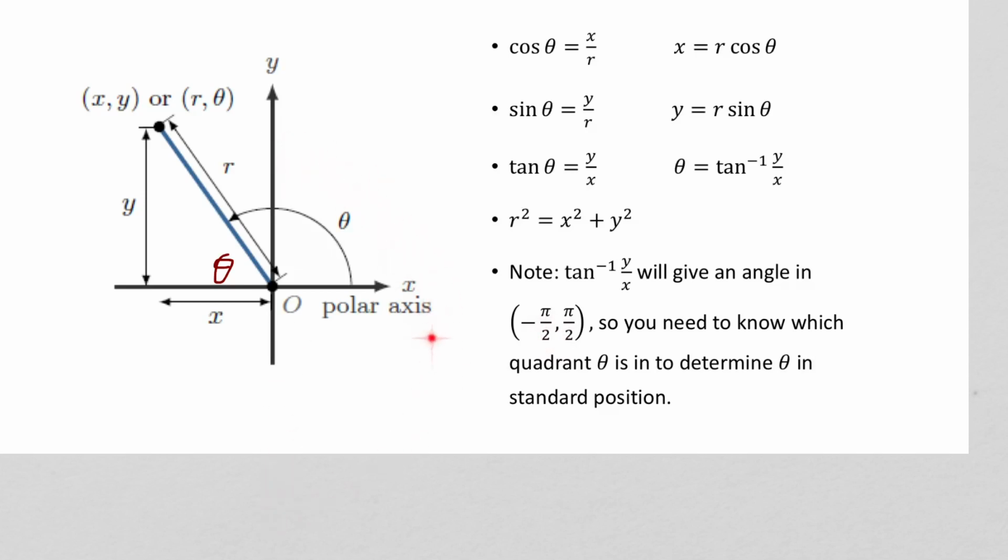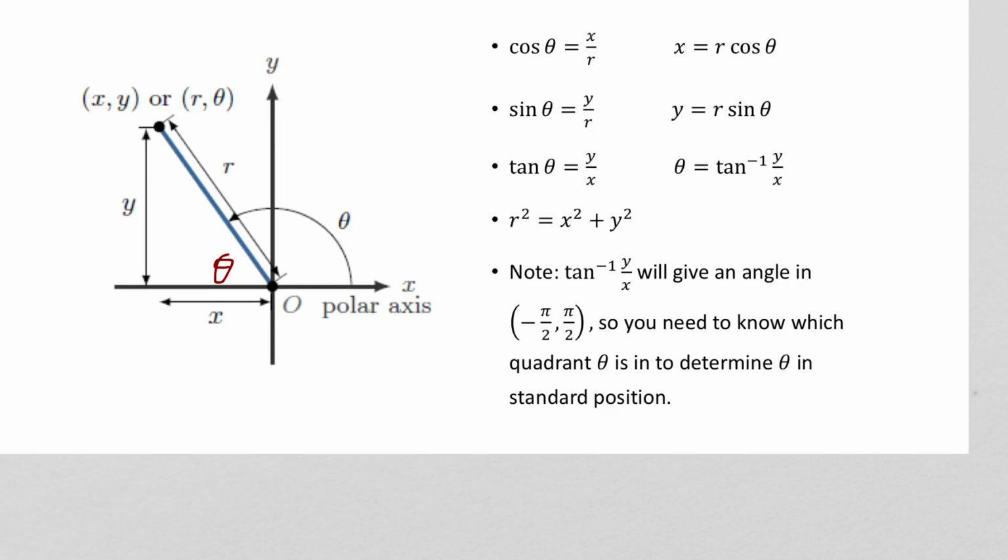So this is the range of your inverse tangent function. So it won't give you an angle in these two quadrants over here. So you have to know where your point lies and which quadrant it lies in when you find your angle.